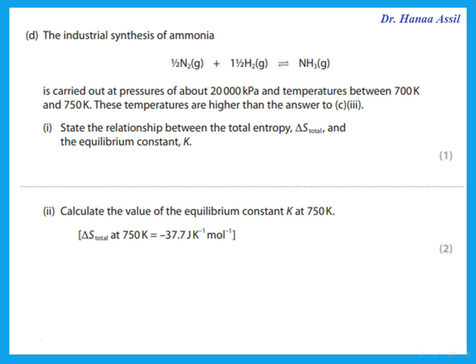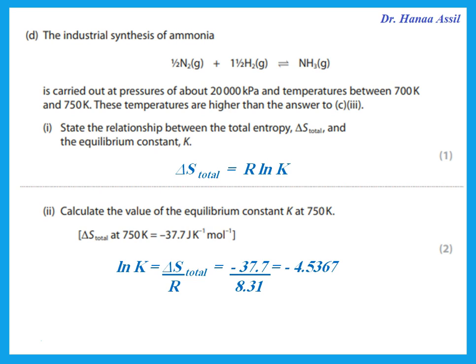State the relationship between total entropy and equilibrium constant. What is the relationship between total entropy and equilibrium constant? You should know this equation: delta S total is equal to R ln K. Calculate the value of K at this temperature. So we can use that equation.